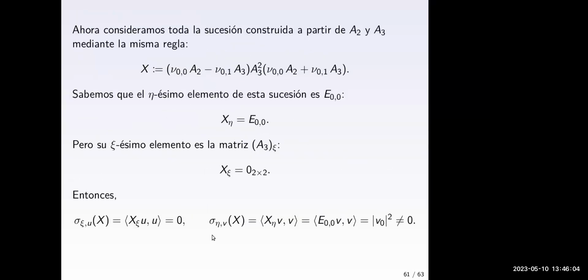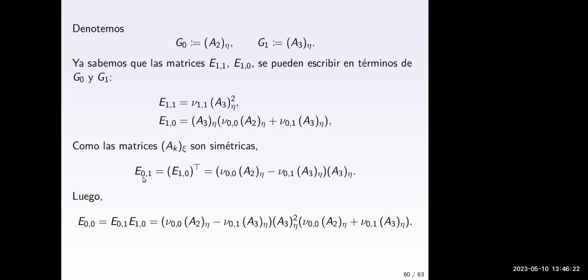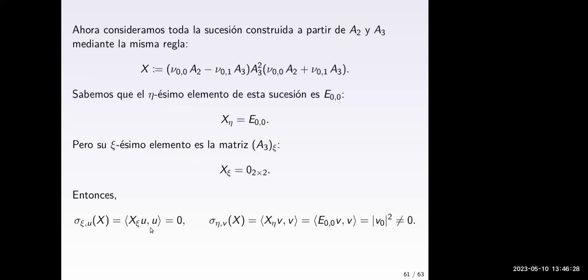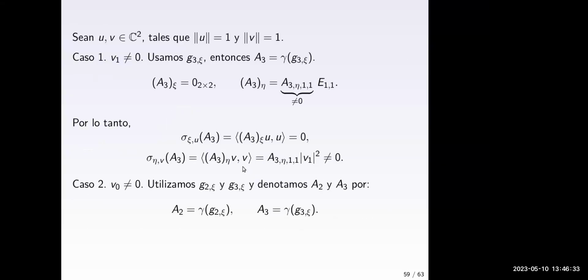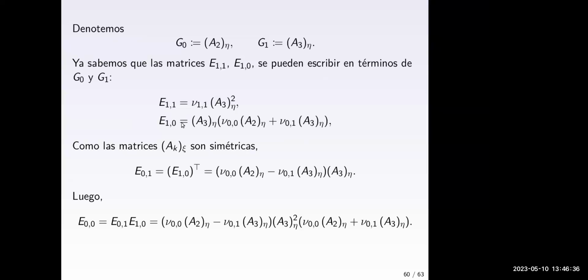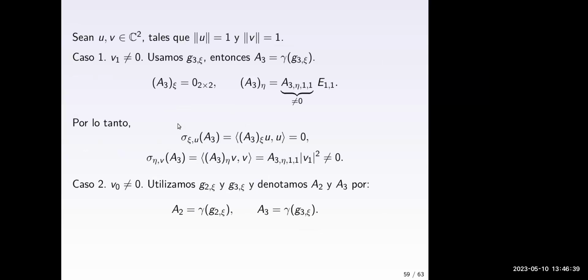If we work with all the sequence by the same rule, we already have that the eta element of this sequence is E00. Here. This is E00. And the key element of this sequence is the matrix 0. Here. Is a matrix 0.